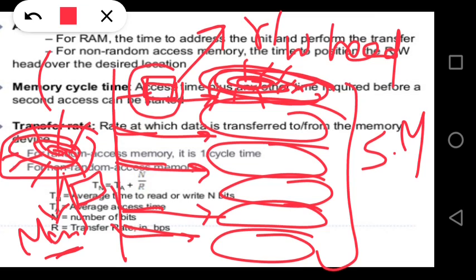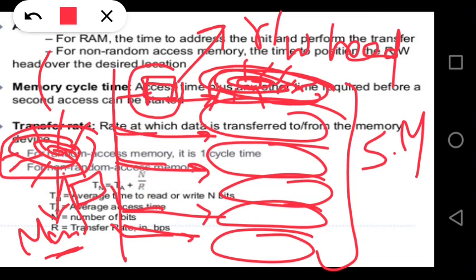So let me explain once again. The access time for primary memory devices such as main memory, cache memory, or registers is simple. It is the time to address the unit: we find the address of the memory location, find that location in the memory and perform the read or write operation. This amount of time is called access time for main memory devices.